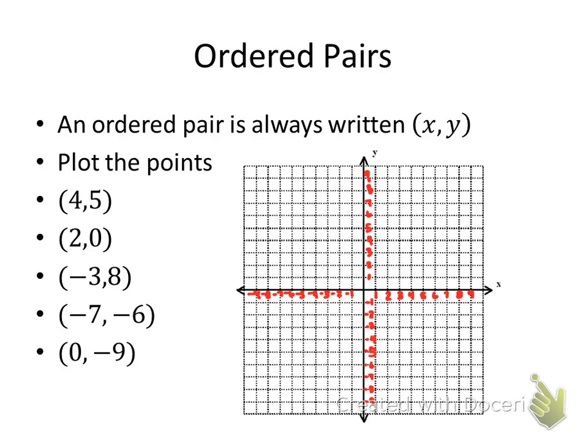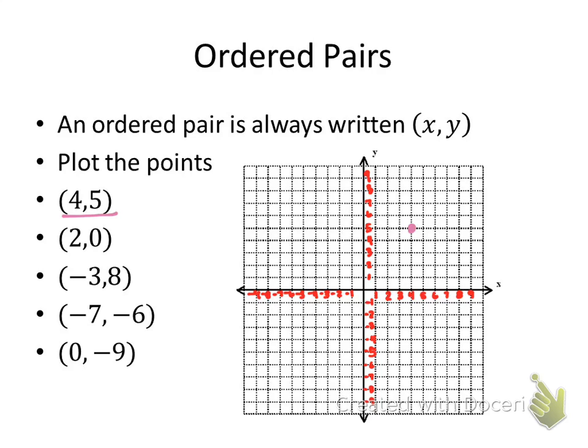So that means I've got to look at each of these values and determine where they're going to fall on my coordinate plane. So the first one that I'm going to go is I'm going to go to +4 on the x-axis, because we know that the first number is always x. So I go over to +4, and then I'm going to go up to +5 because my y value is +5. So there's my first point, just like that.